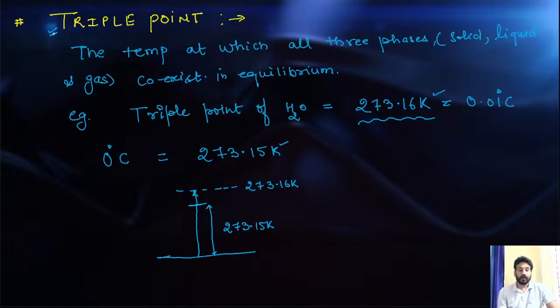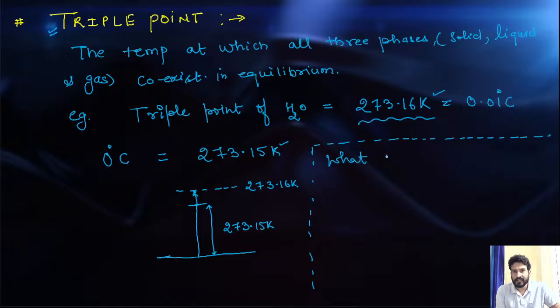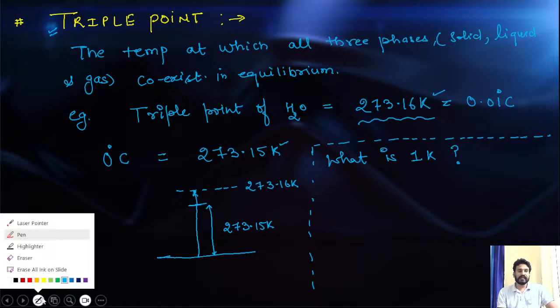Now based on that I can define 1 Kelvin also. If somebody asks you to define 1 Kelvin, so what is 1 Kelvin? Based on the triple point we can define this, yes or no?